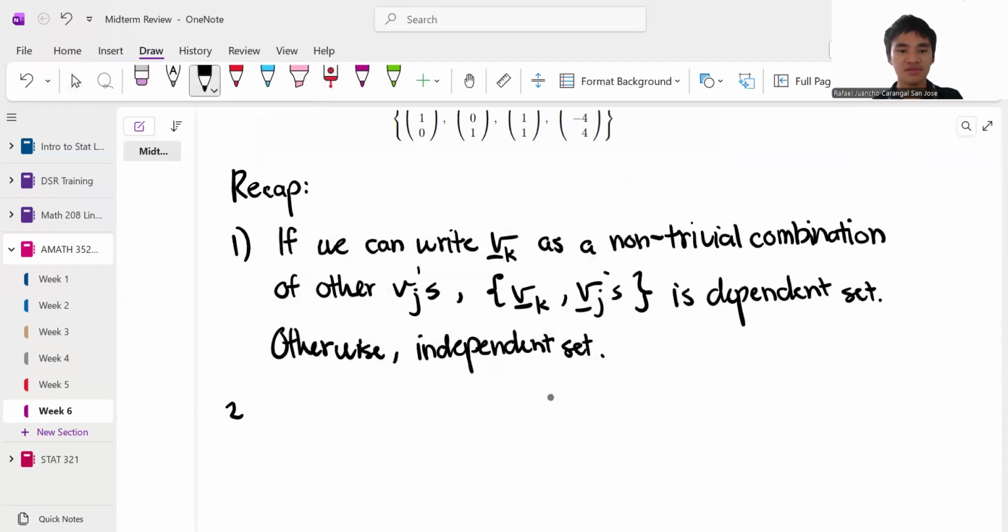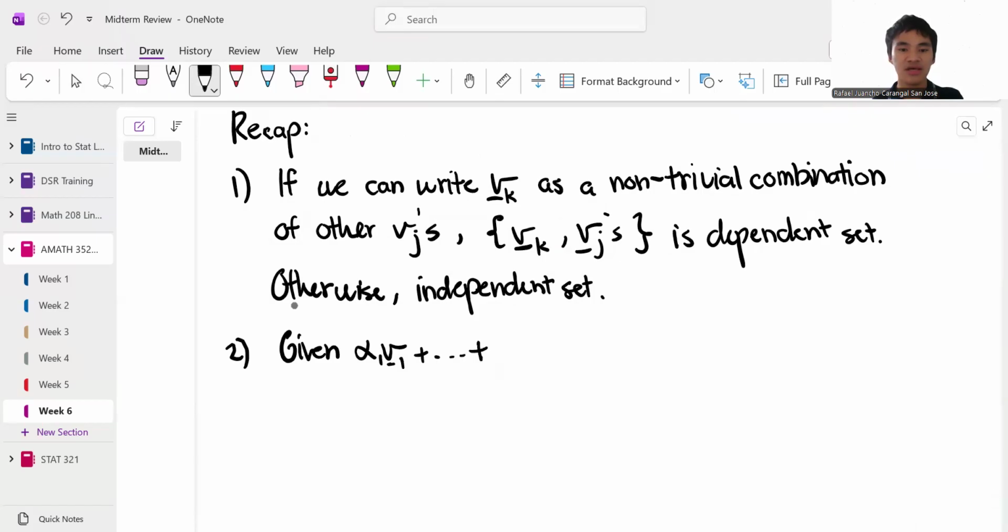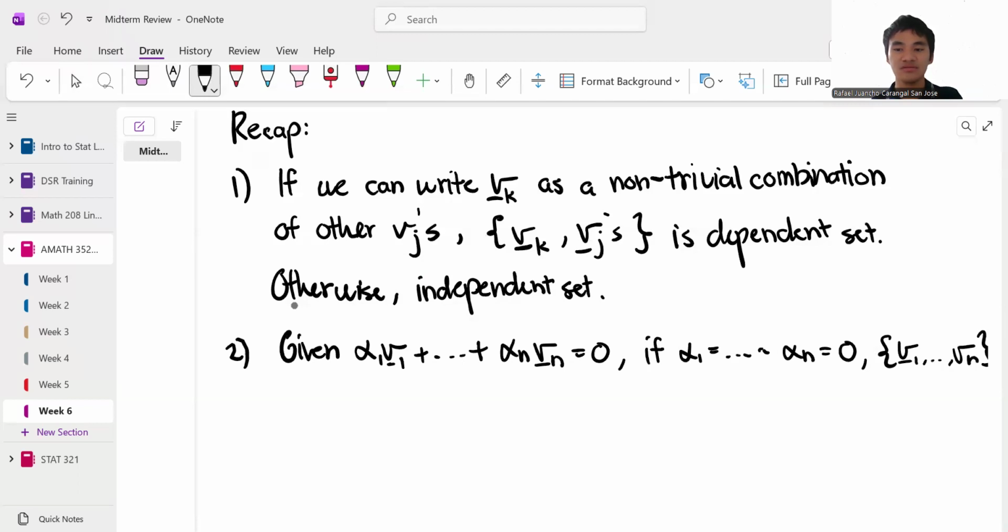That's the first definition. The second definition was that given alpha 1 v1 all the way to alpha n vn equals 0, if alpha 1 equals alpha n equals 0, the set of v1 to vn is independent.